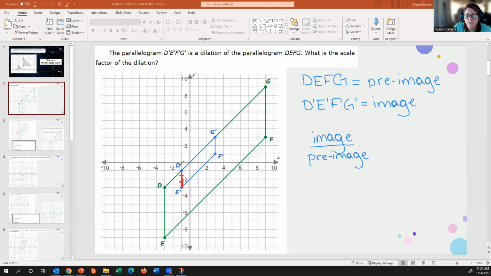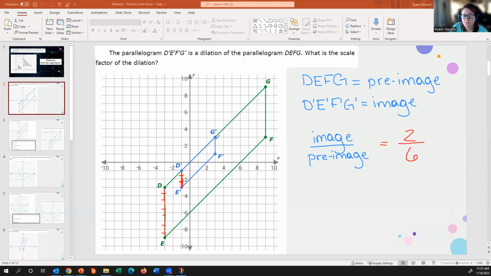It's clearly on the y-axis. It shows you that it is clear to 2 units. So we would write this as 2 in our numerator. And then we want to use the corresponding side, which is DE here. This would be 1, 2, 3, 4, 5, 6. And so that would be the length on the pre-image side.